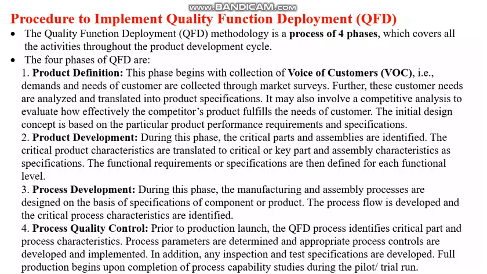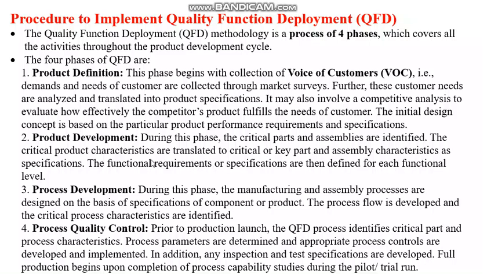You see, knowing about the customer's needs and requirements, and translating them into the specifications. Then the second phase is product development. During this phase, the critical parts and assemblies of the product you are deploying are identified. What are those critical parts or critical assemblies? They are identified.